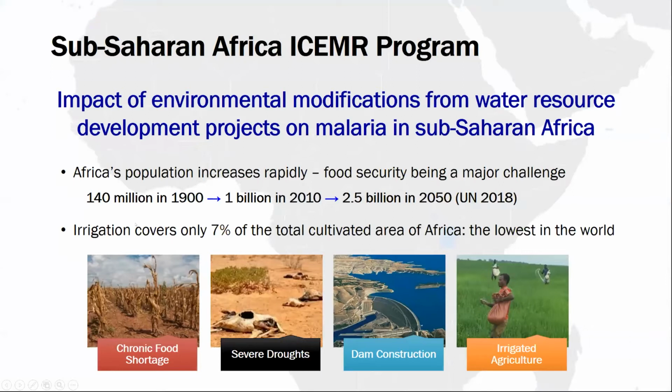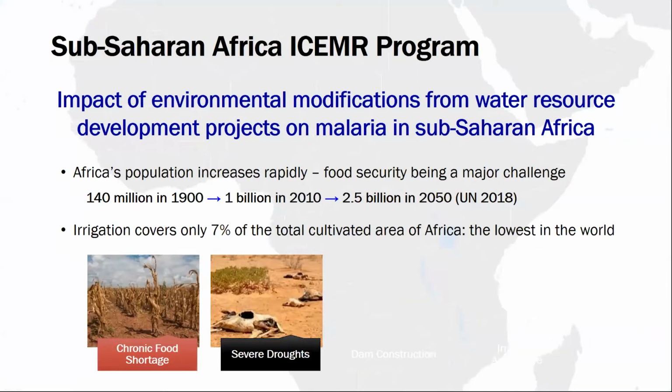The central theme of our ICEMR is to examine the impact of environmental modifications from water resource development projects on malaria in Sub-Saharan Africa. In the past decades, Africa has been experiencing rapid population increase. Food security becomes a major challenge.